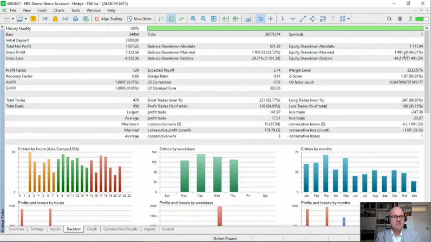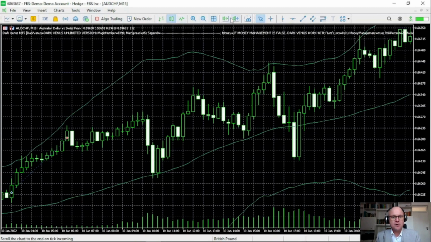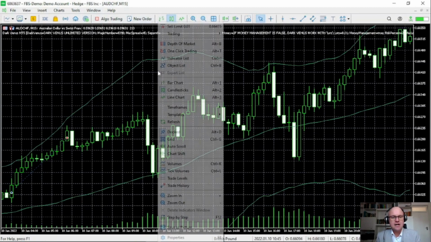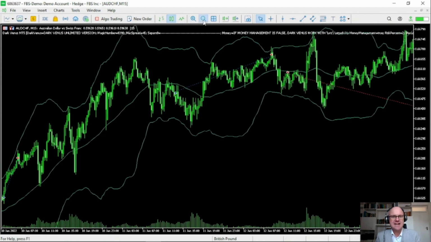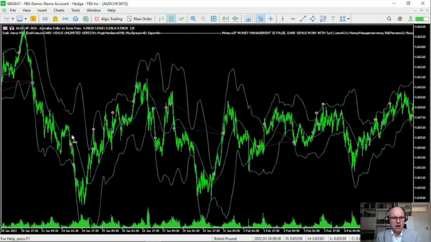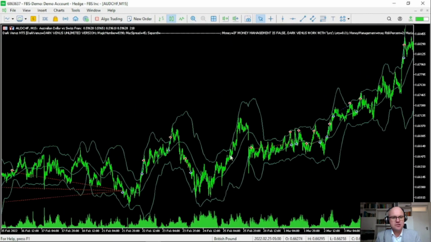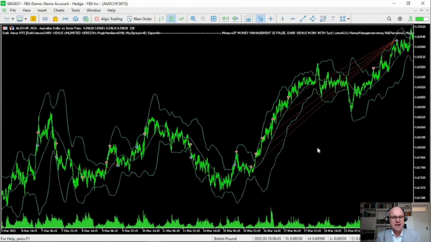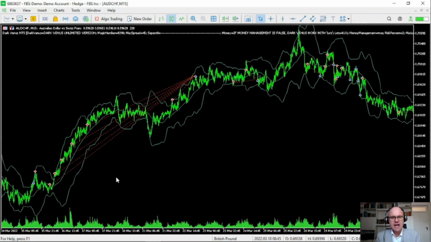So currently we have $1,491 or 44.21% drawdown. So next we are going to go to the chart and take a look what happened during these specific events. So what we're going to do now is remove the grid and then take a look at when it happened. So we're going to go to March when the initial or first loss on the pair, the AUD franc, occurred. And you'll see we had a very long uptrend while our bot was still placing sells.